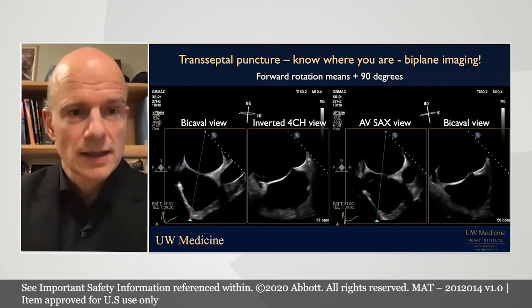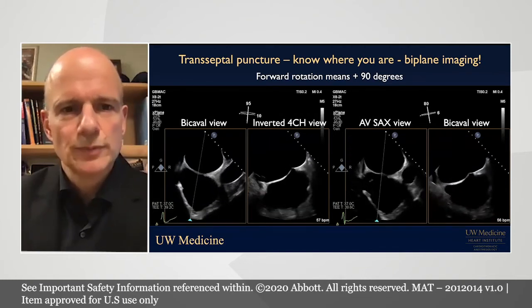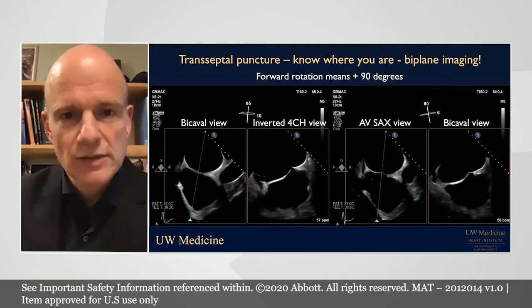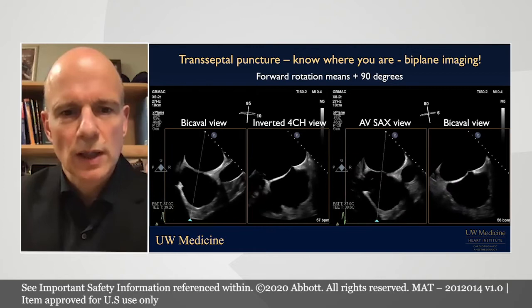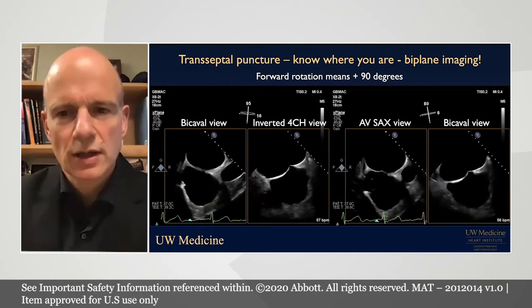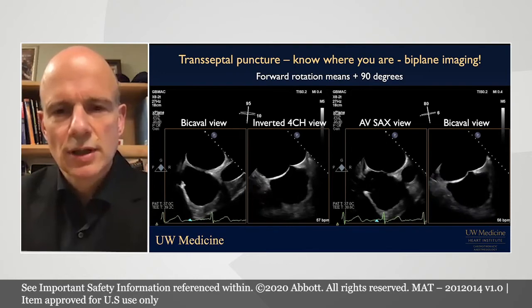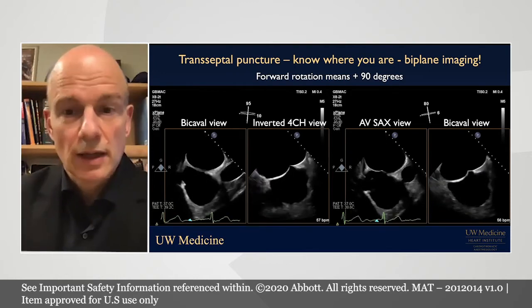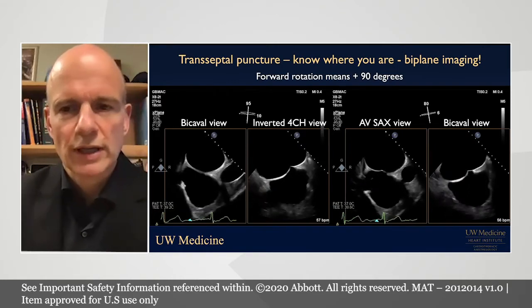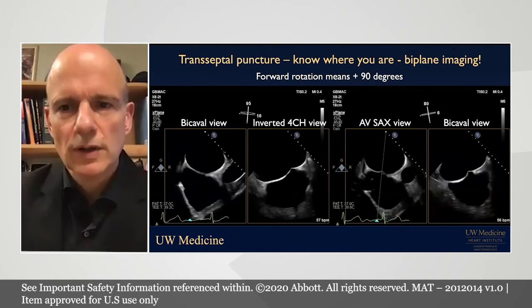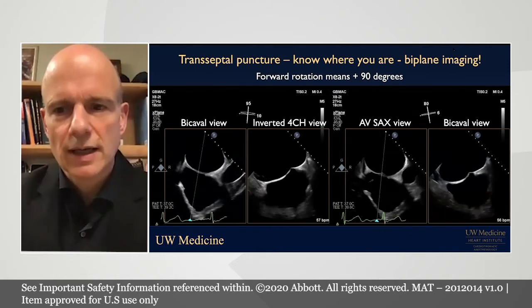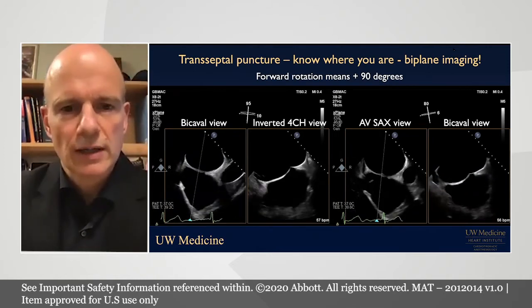Now on the left-hand side, you see the bicaval view and a perpendicular inverted 4-chamber view that shows the tenting quite well on the right side image, but not as well on the bicaval orientation. On the right side, you see the aortic valve short axis view quite nicely at a little bit higher angle in a rotated heart, and then the perpendicular view, which is more of a bicaval orientation.